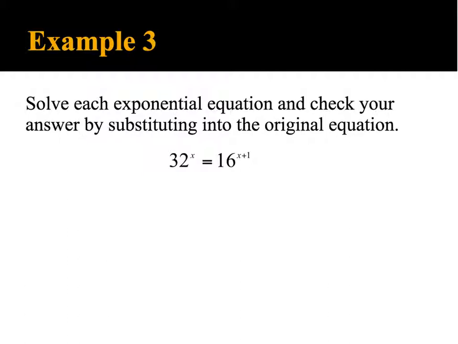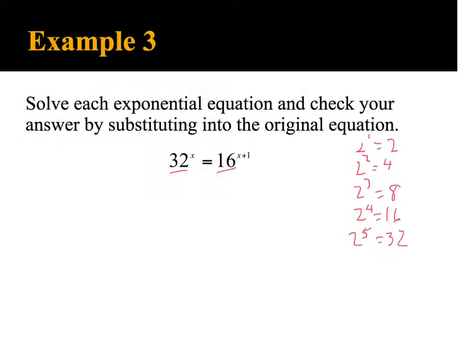Okay, so if you're back, we need to relate both the 32 and the 16. And so hopefully you remember the work from the previous slide. Hopefully you maybe rewound, but if not, I want you to recall that 2 to the 1st is 2, 2 squared is 4, 2 cubed is 8, 2 to the 4th is 16, 2 to the 5th is 32.